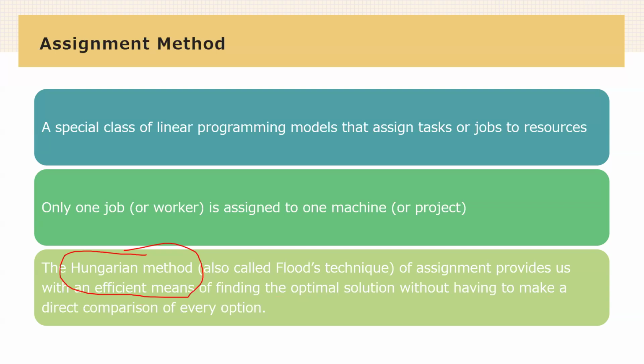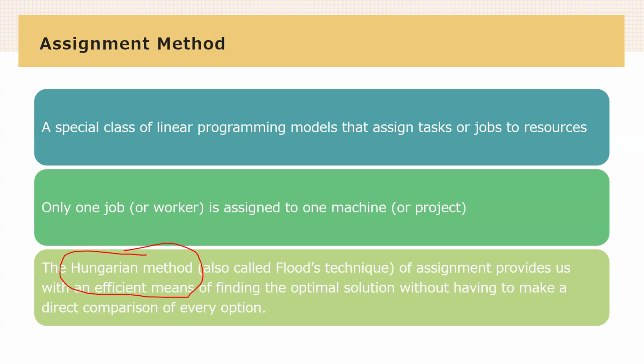So if we express it in a table, we will have two dimensions, the row and the column. The row expresses the people or the stuff, and then the column is the task or job that will be assigned to the people.